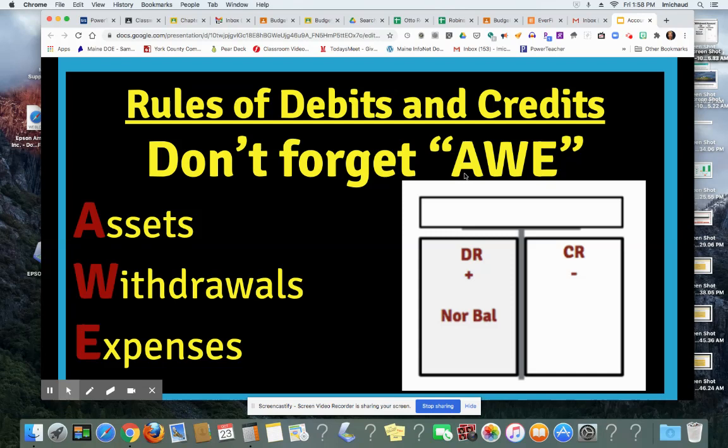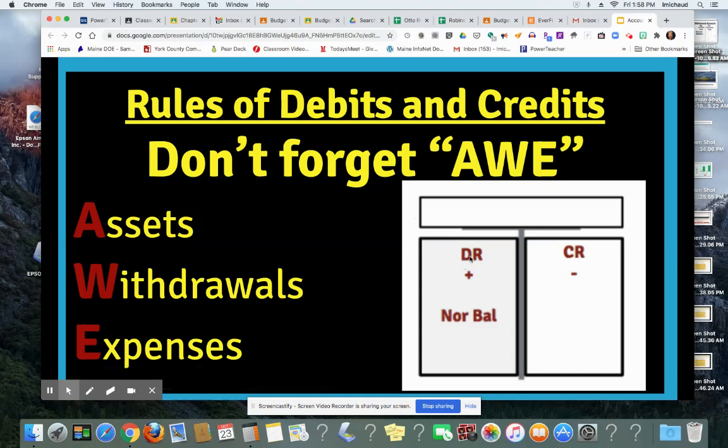So one good way to remember the rules of debits and credits is to use AWE, because you guys are awesome, right? AWE: assets, withdrawals, and expenses. Their T accounts look like this over here on the right.